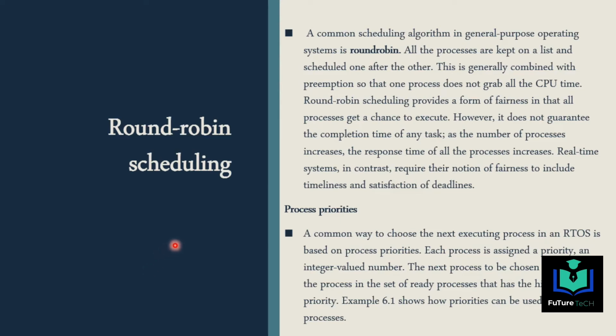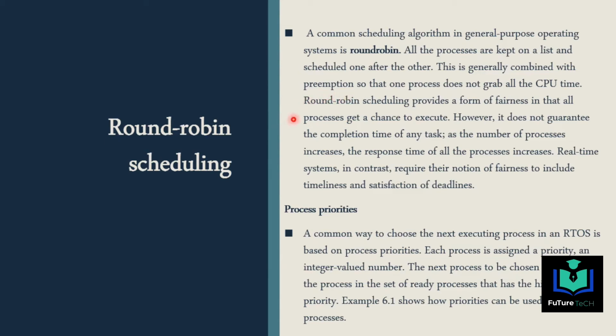This is generally combined with preemption so that one process does not grab all the CPU at a time. You know the concept of preemption, which uses the kernel, so that all the tasks can utilize the CPU and we can avoid one process holding the CPU at all times.